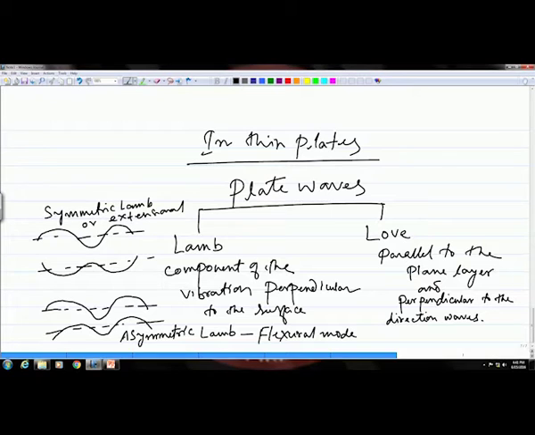Okay, so these are different types of ultrasonic waves.